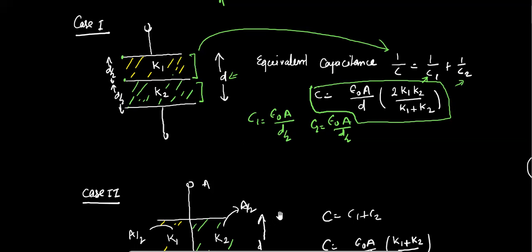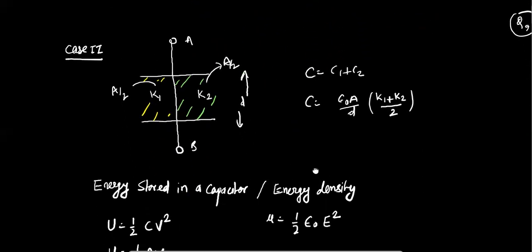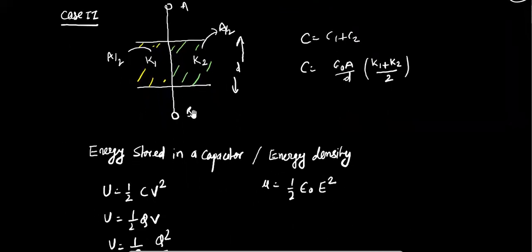Okay, now we are going to discuss another case, when the dielectrics are placed in this particular form. That means when the dielectrics are placed sideways. Okay, so in this condition we can suppose the capacitors are in parallel combination, because in parallel combination, we know that suppose these two are capacitors which are in parallel combination, so we just have to connect these two plates by a wire.